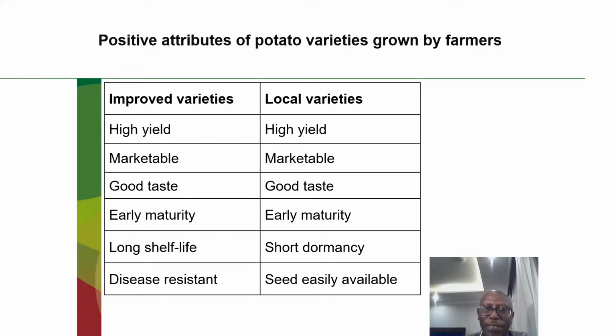It's not surprising that disease resistance is not mentioned for local varieties, because most of them are anyway susceptible to pests and diseases. And they told us sometimes they grow these local varieties because they don't have any other choices. It's what is available, that's what they plant.